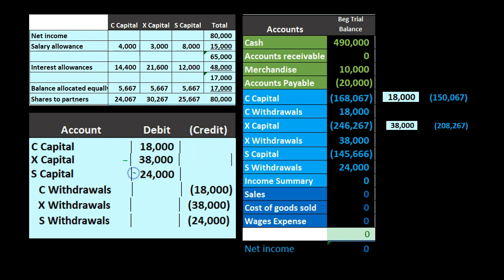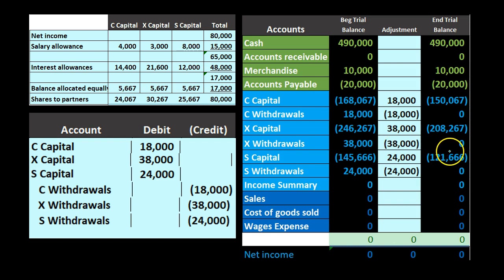Then we have S's capital account starting at 145,666, going down by 24,000 to a balance of 121,666. And then we're going to remove the draws. So here's C's draws, started at 18,000, goes down by 18,000 to 0. X's draws starting at 38,000, going down by 38,000 to 0. And then S's draws starting at 24,000, going down by 24,000 to 0.